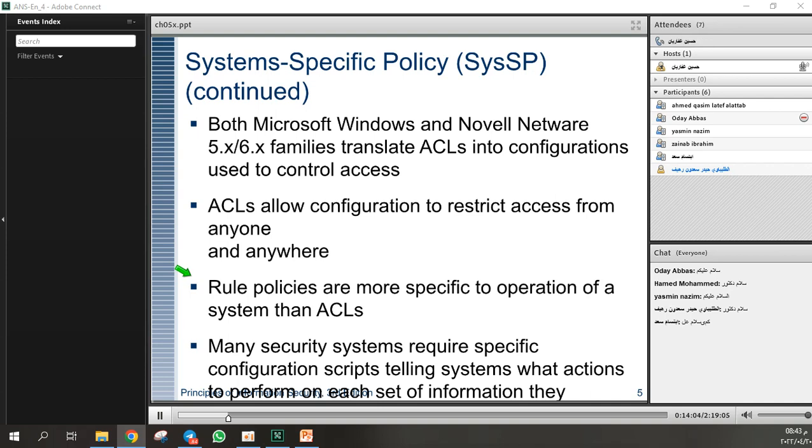And I should translate their languages together. If you work with Windows and Novell NetWare, you know that each of those operating systems has its own strategy to define different rules and different policies.